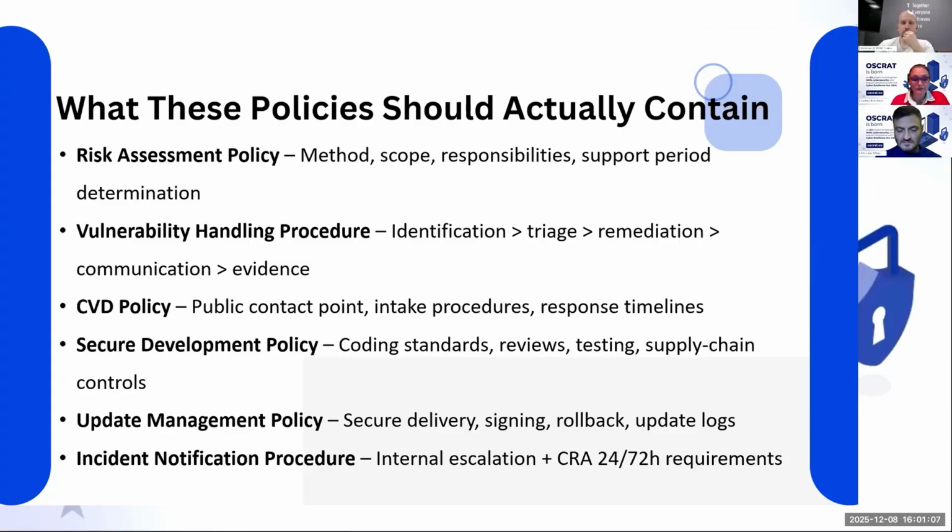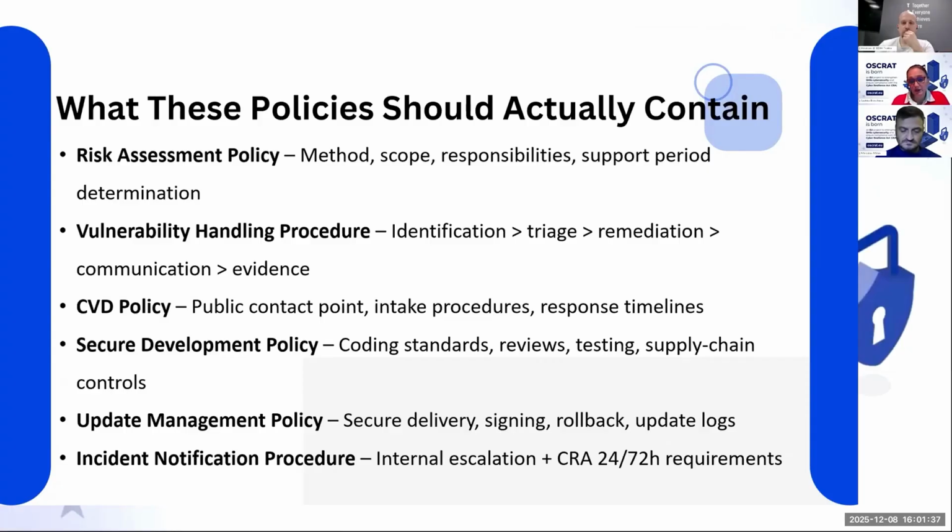They must describe methods and responsibilities. A risk assessment policy, for example, covers method, scope, responsibilities, and support period determination. A vulnerability handling procedure must include identification, triage, remediation, communication, and evidence.